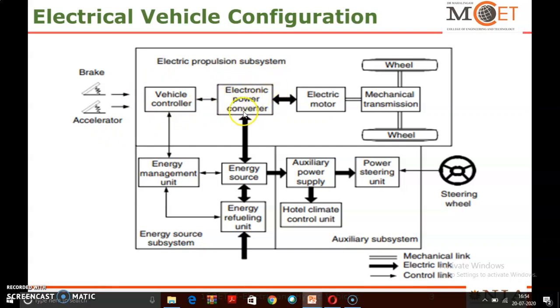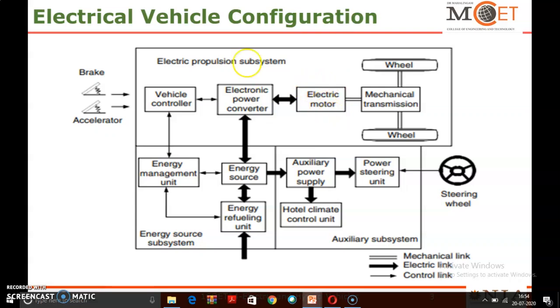The power electronic converter receives the input from the vehicle controller and converts that input into a conditioned and controlled electrical signal and provides it as an output. This conditioned and controlled electrical signal will be fed to the electric motor, by which the speed of the electric motor can be regulated.